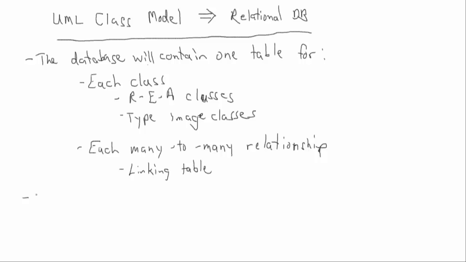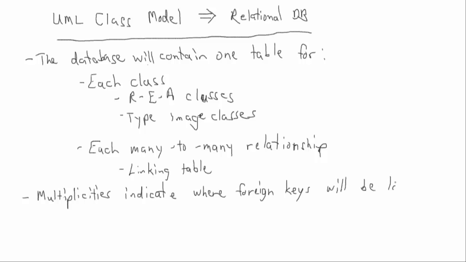Now, multiplicities indicate where foreign keys will be used. So remember, we just discussed this. On a one-to-many relationship, a foreign key will be required in the table on the many side of that one-to-many relationship.